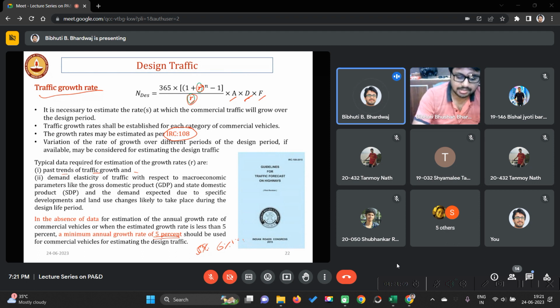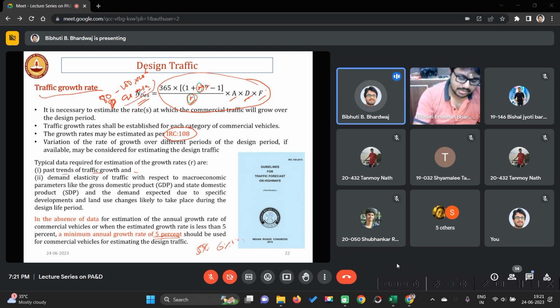Then R, the rate of growth. N, depending upon the class of the road. Then if you know all those things, you can find out N design. N design will be something like 80 to 100 into 10 to the power 6. So we call it, say it is 90, then 90 MSA, million standard axles.